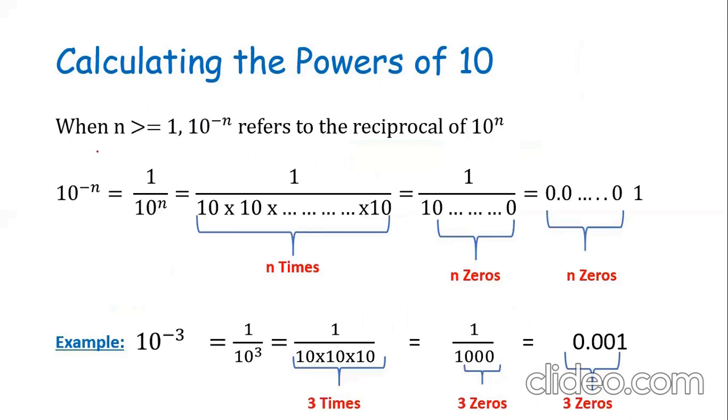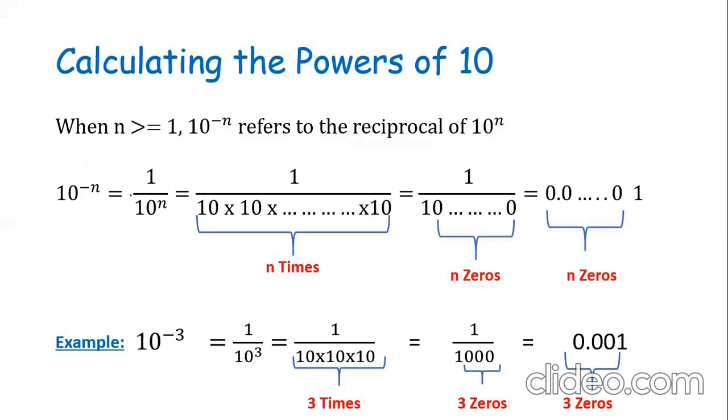So now let's move to the concept of the reciprocal of 10 to the power of n. When n is an integer that is larger than or equal to 1, we find that 10 raised to the power of minus n refers to the reciprocal of 10 to the power of n.